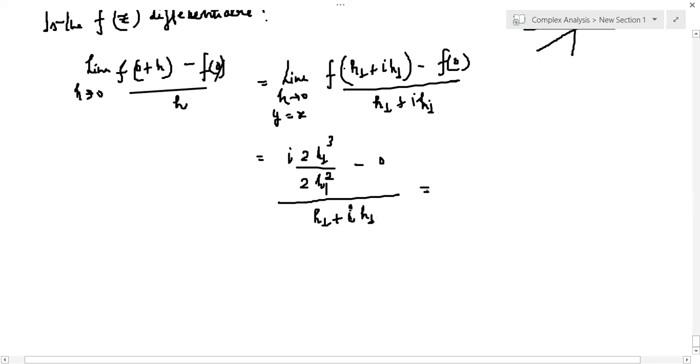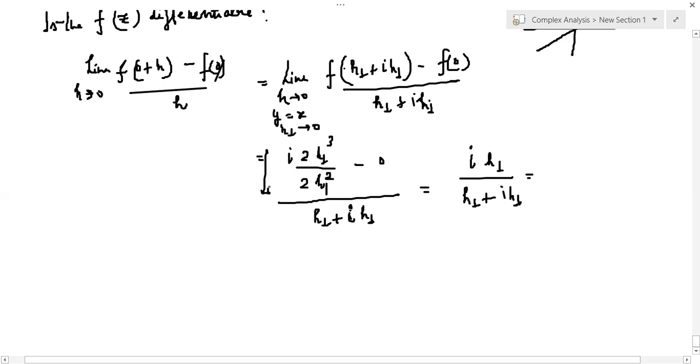It will be equal to iota simply h1 divided by h1 plus iota h1, and h1 certainly I'm not taking to be equal to 0. I'm taking h1 tending to 0 only.